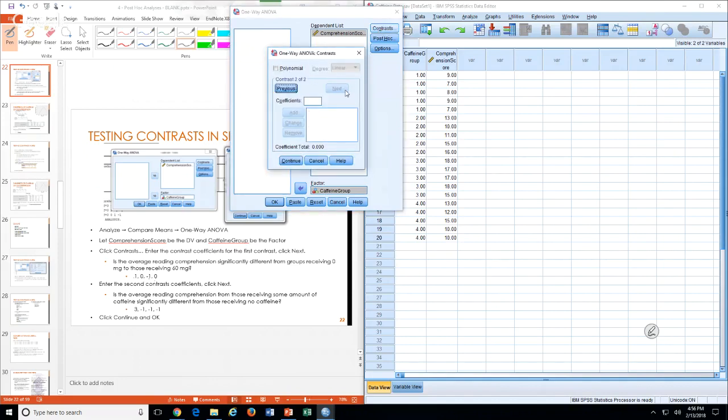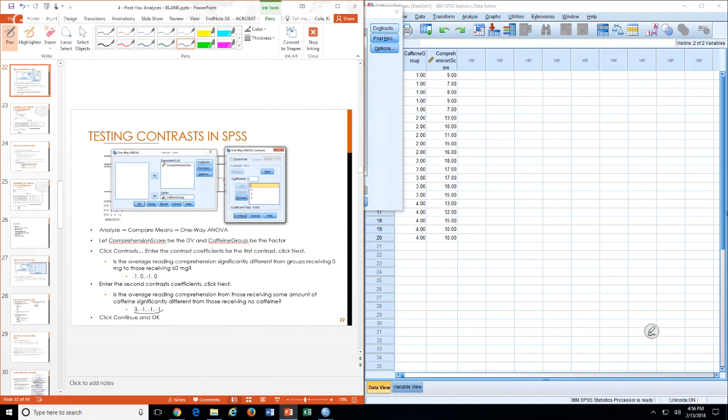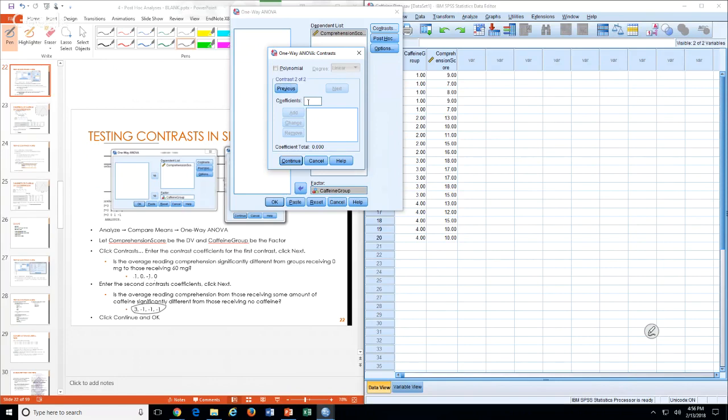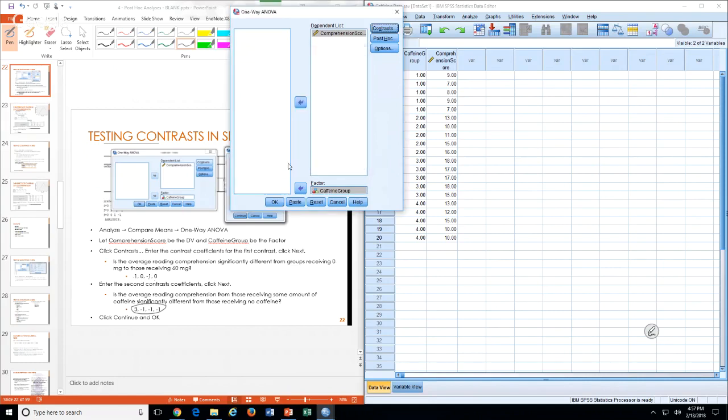Next, click Next, and you'll go to contrast number 2. For this one, we have the contrast coefficients for comparing 0 to the average of all the others. Those coefficients are 3, add, -1, -1, and -1. Now click continue. Were y'all able to put those coefficients in for all of them?